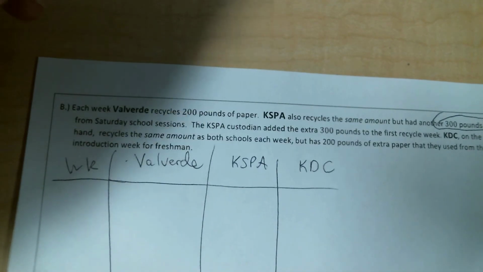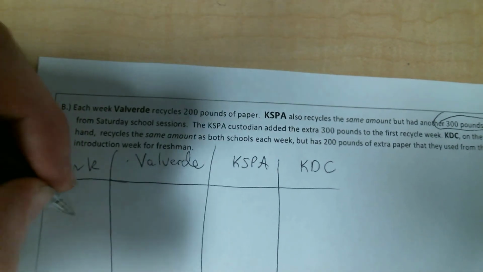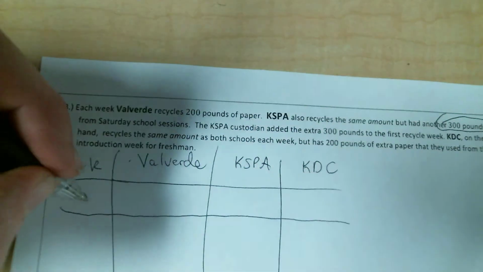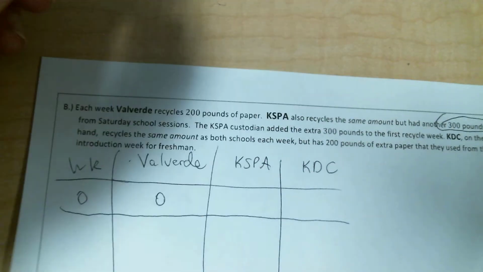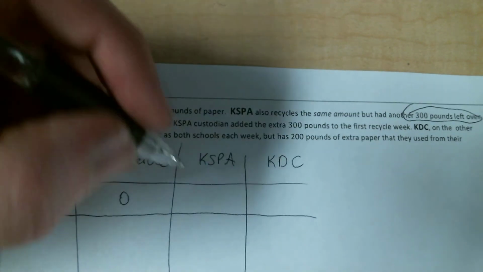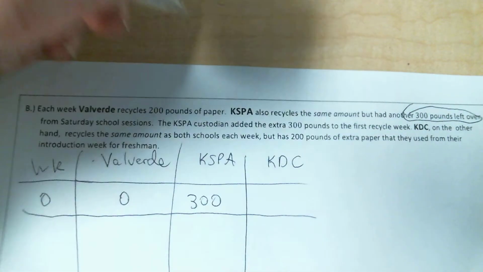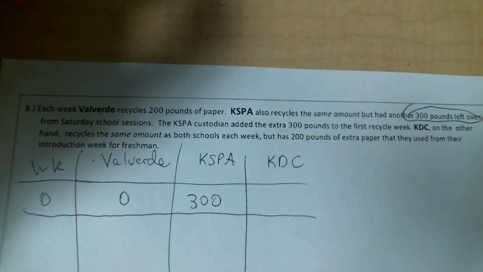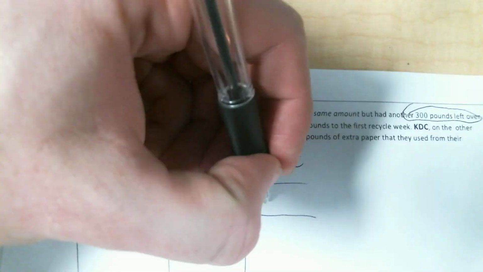Now the difference is KSPA had some left over from their Saturday school sessions, and KDC had some from their introduction week for freshmen. So that means in week 0, Valverde starts with 0. But what does KSPA start with? KSPA starts with 300 pounds from Saturday school sessions. And KDC has a special week for freshmen, and they had 200 left over from that one.